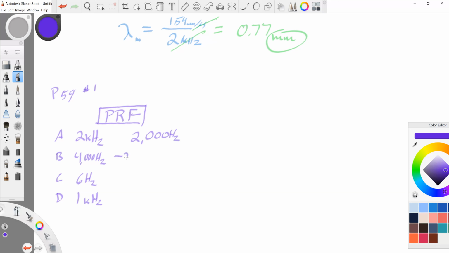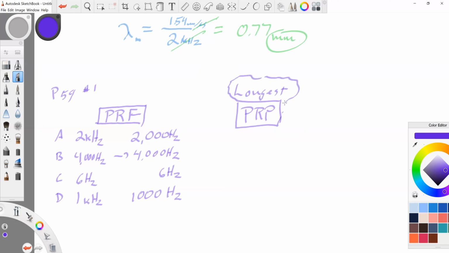We already have this one, 4,000 hertz. 6 hertz. And the last one is 1,000 hertz. And what we're looking for is the longest pulse repetition period, so it's a PRP, which is the longest. It's my little PRP muffin.